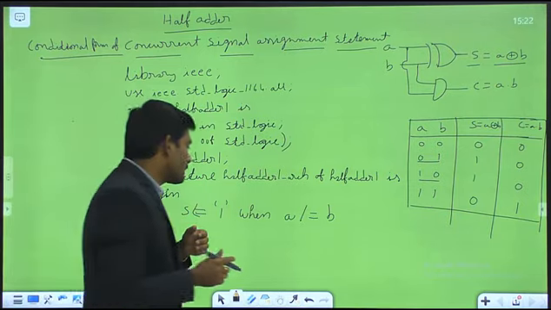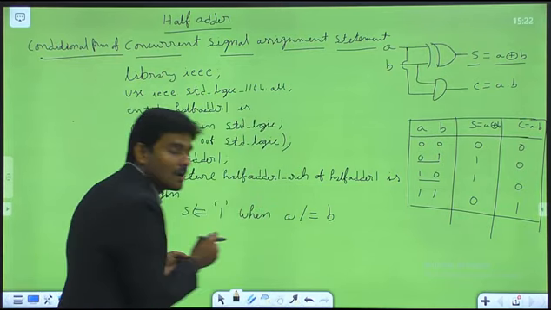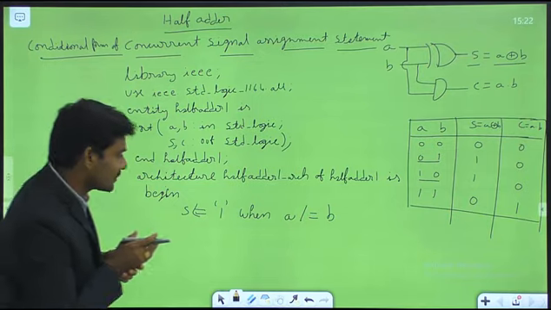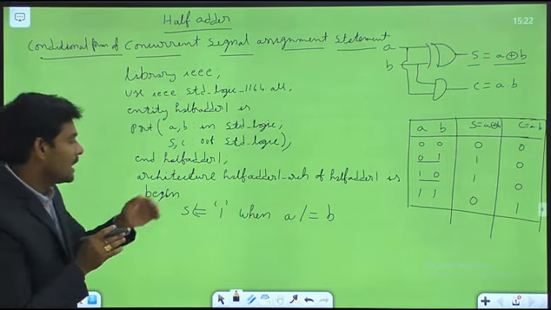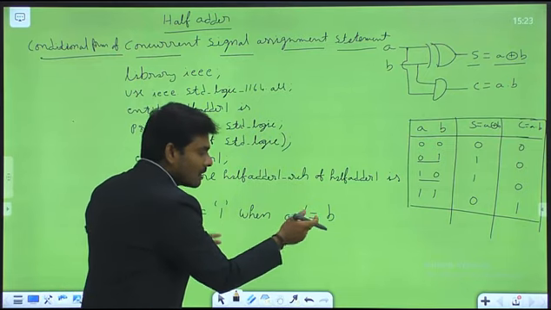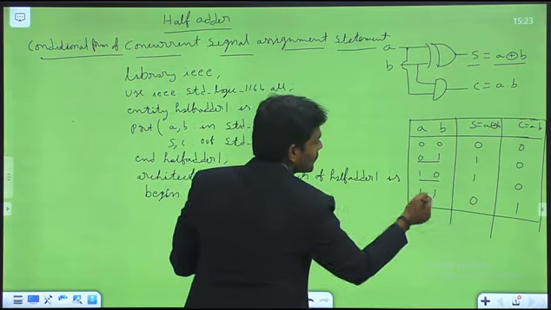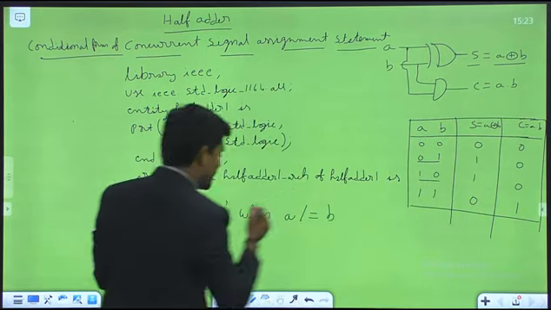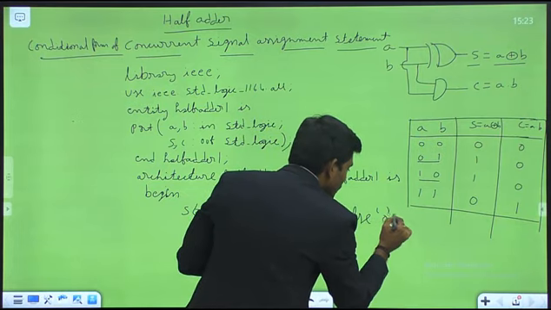So when A is not equal to B, this is how to represent not equals to: forward slash and equals to. A not equals to B, then obviously the output, sum, becomes 1. Else 0.